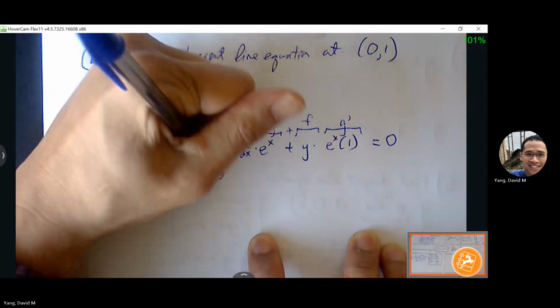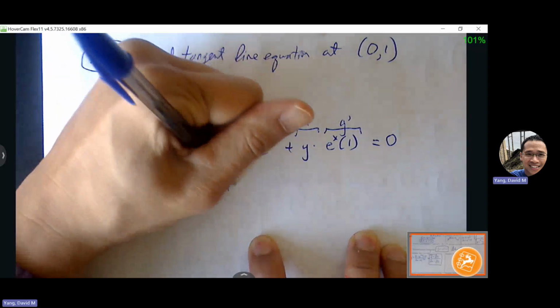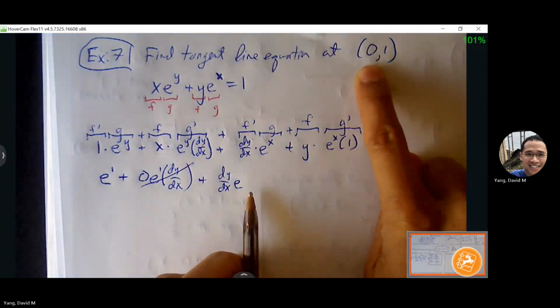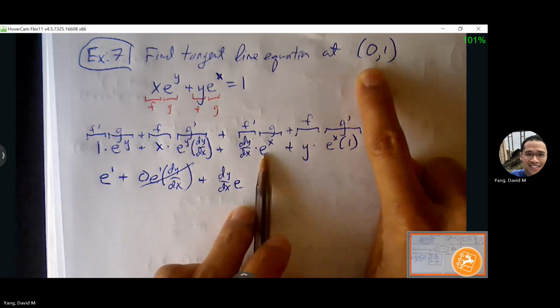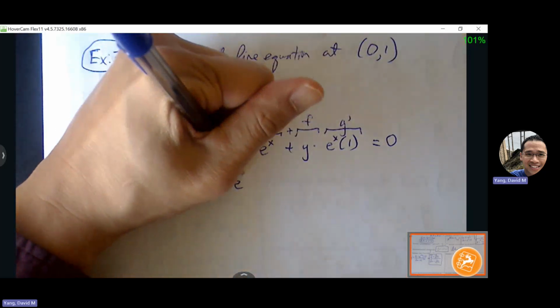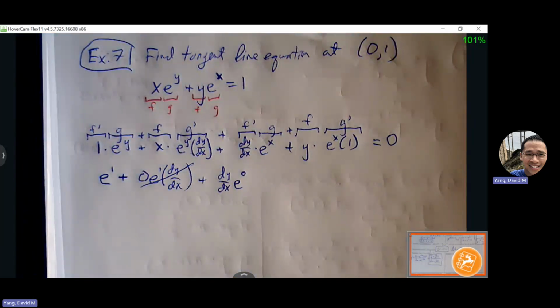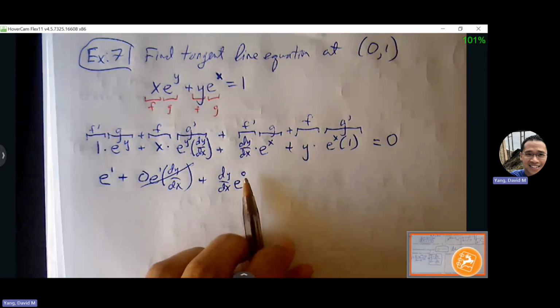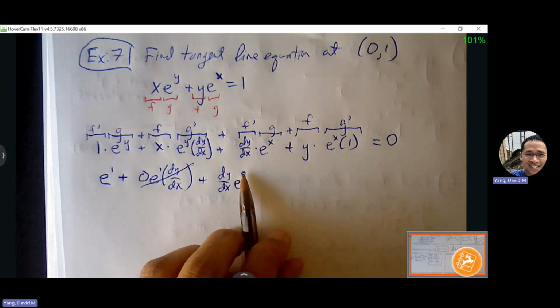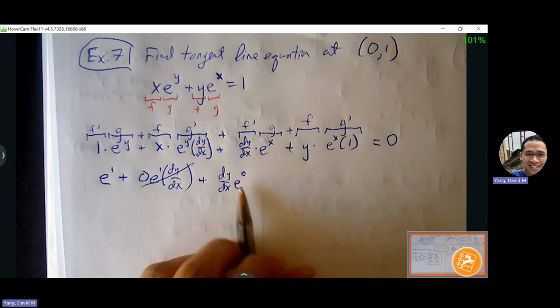Plus dy dx e to the 0. Now, careful here. Sometimes we expect 0 to wipe everything out, but if 0 is in the exponent, that's not going to wipe this whole thing out. e to the 0 is what? It's 1, right? So this is not 0.